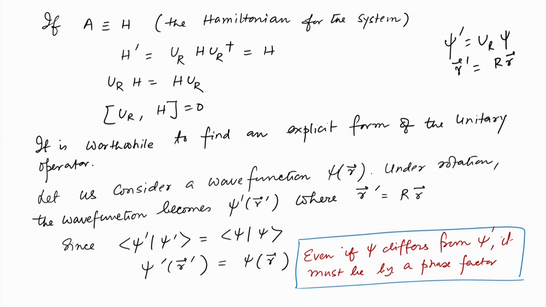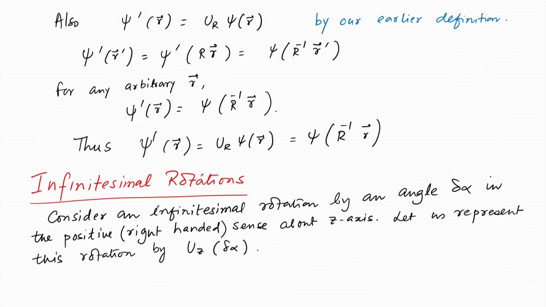This is understandable because the norm is conserved even if psi prime and psi differ by a phase factor, because that phase factor will cancel out: you will take exponential i alpha and then exponential minus i alpha, that will cancel out. And of course, also psi prime of r is U_R psi of r. This has been given by our earlier definition.